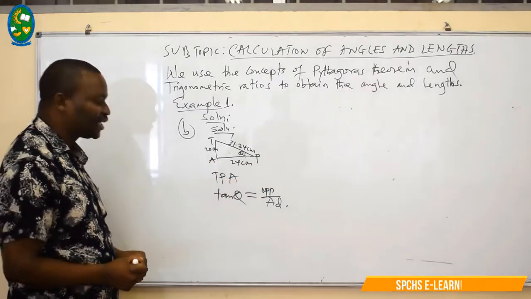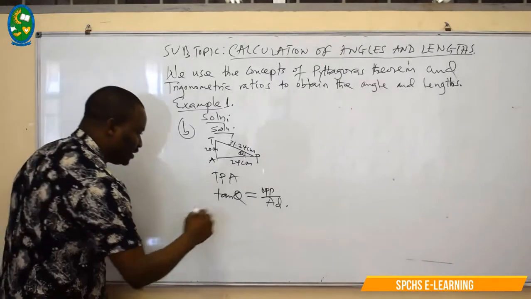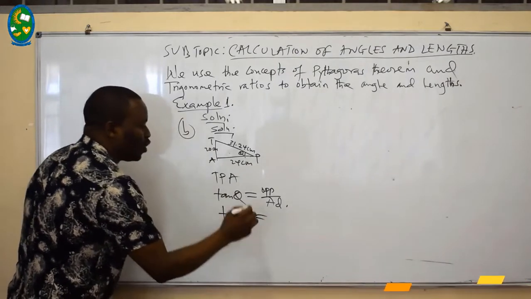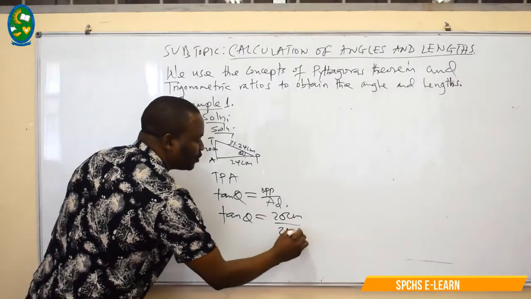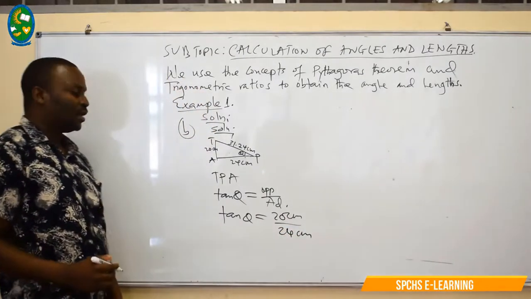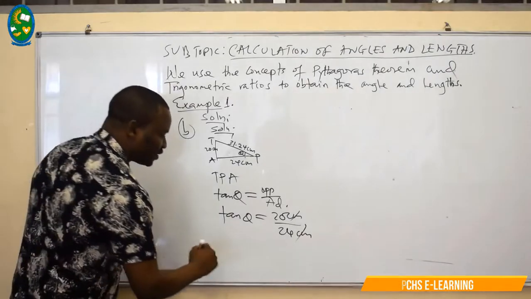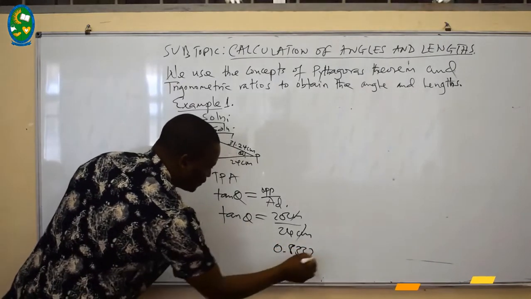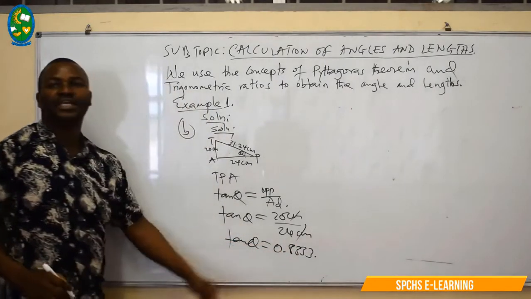So we take the values of opposite and adjacent to get the value of theta. Tan theta equals 20 centimeters over 24 centimeters. If you divide this, you will get 0.8333. So tan theta equals that value.